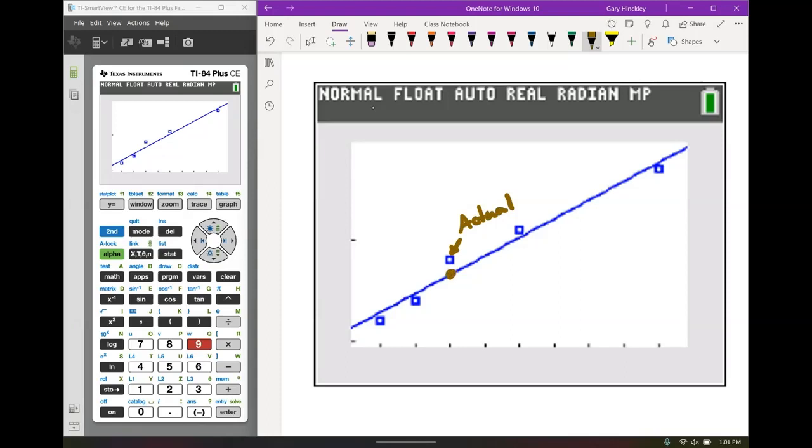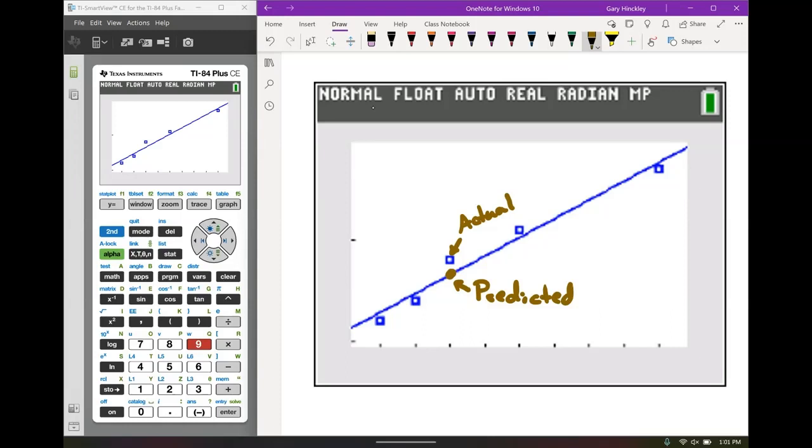From our linear regression, we have a point on our graph. That is our predicted value. The difference in between, are they the same value? Are they the same point? No, they're not going to be usually. You can see all our points are not on our model.